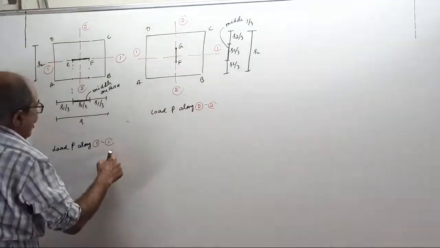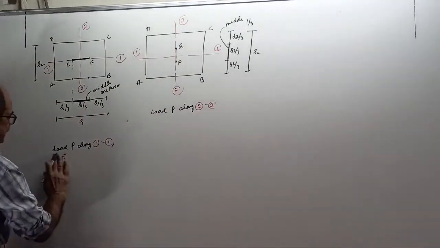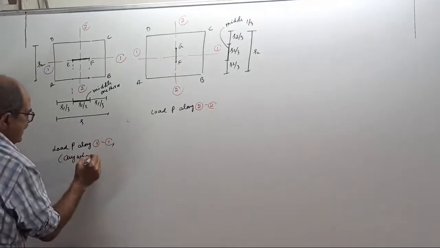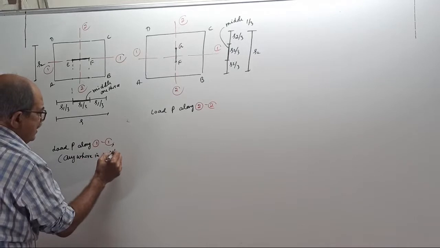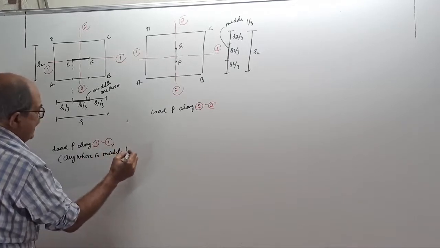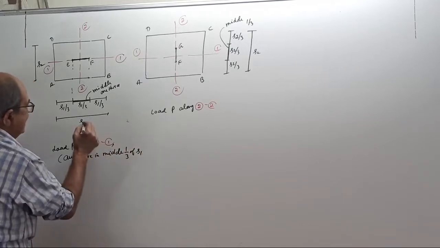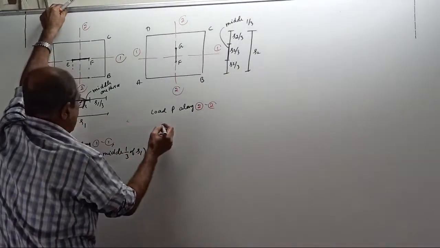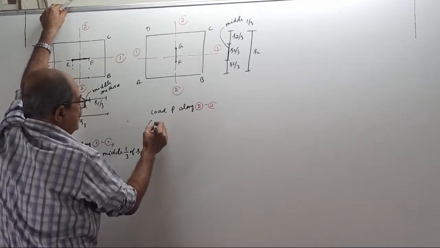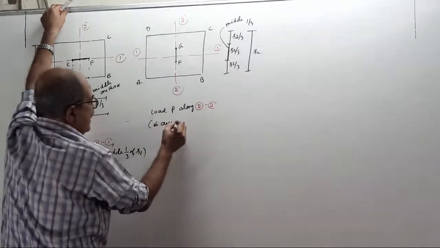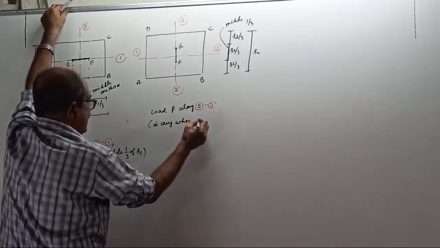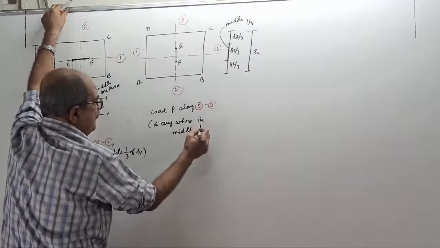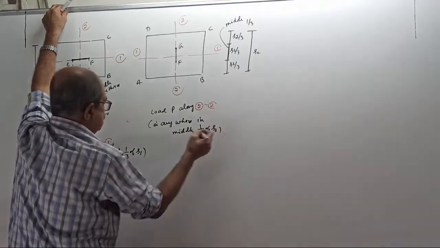If the P is along 1-1, that is anywhere in the middle one third of S1. Here, load P along 2-2, that is anywhere in the middle one third of S2.